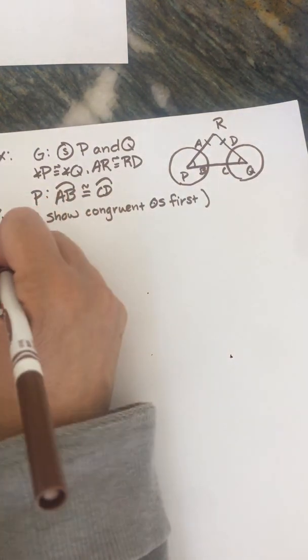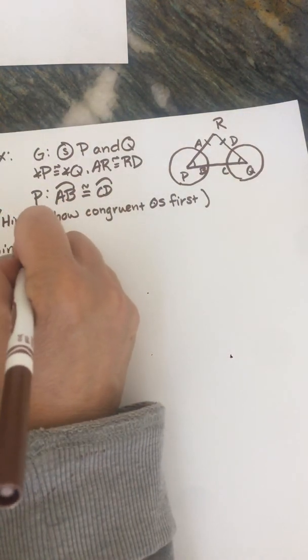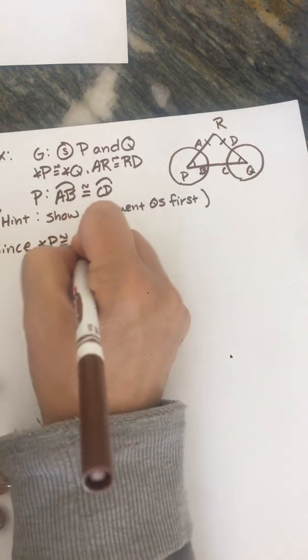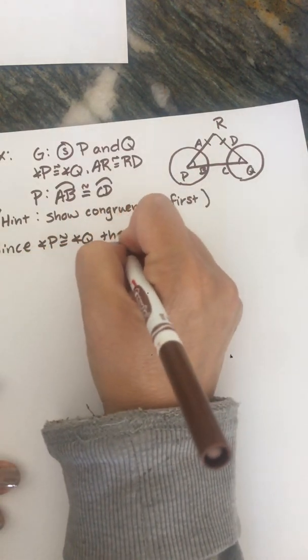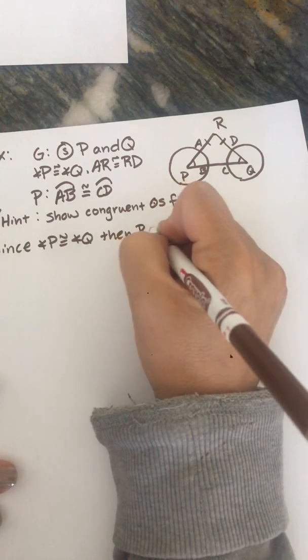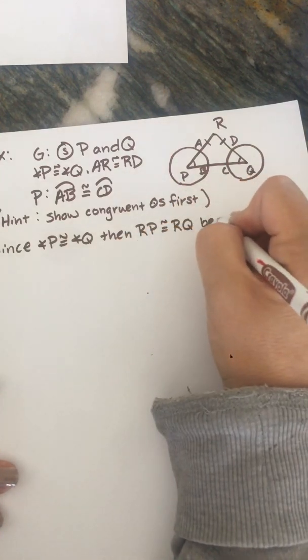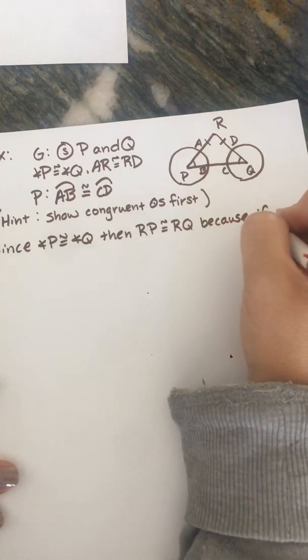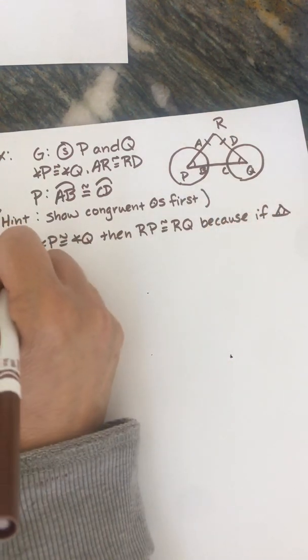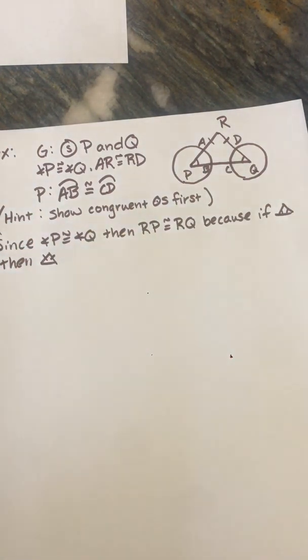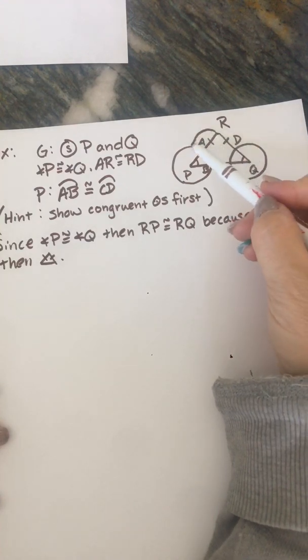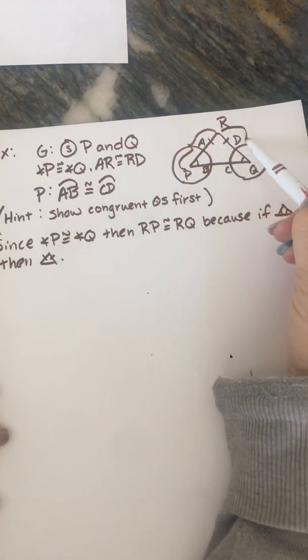So since angle P is congruent to angle Q, then RP is congruent to RQ, because if the base angles are congruent, then the sides are congruent. Okay, so then we know this piece here is congruent to this piece here.